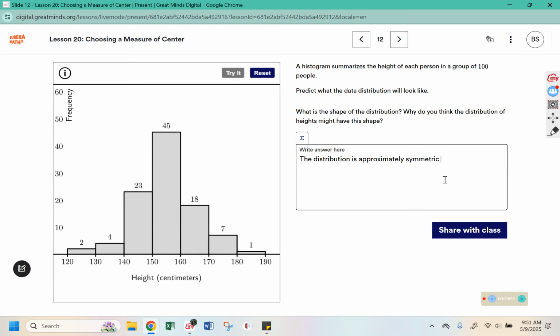And the reason I think it has this shape is because most people are around a typical height. And we will have some people who are shorter and some people who are taller.